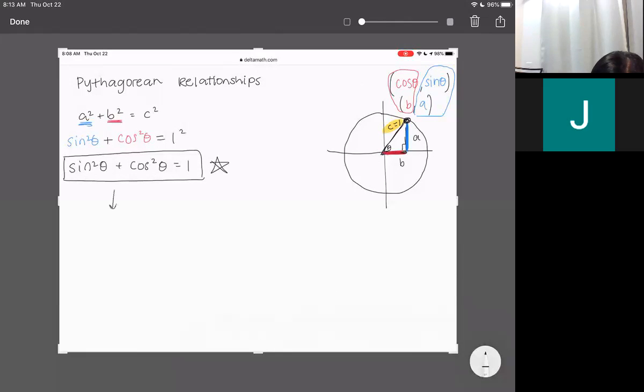So the first version is we're going to divide everything by sine squared. Let me rewrite everything out first. And then, like I said, I'm going to divide everything by sine squared.